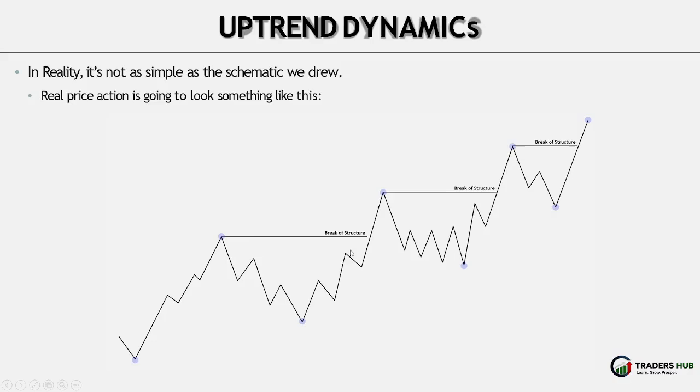After the break of this higher high, we call this a break of structure. Again, we are going to have maybe not something like this, but something like this: a break of structure, correction, break of structure, then consolidation, then break of structure.